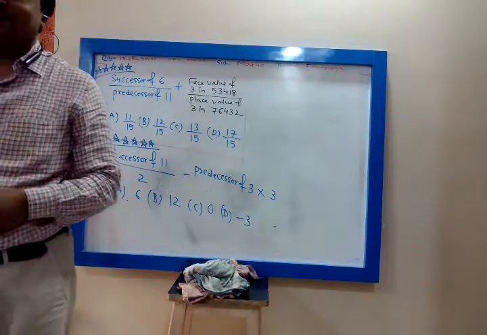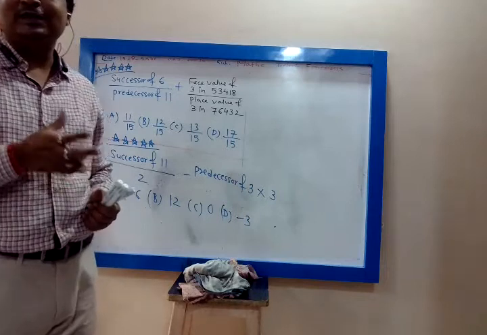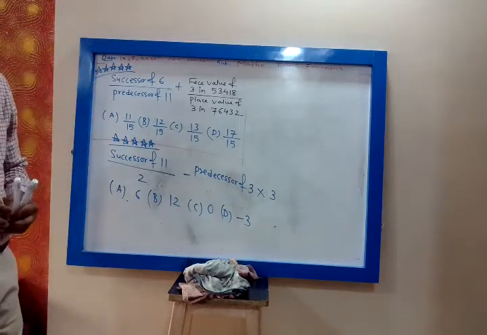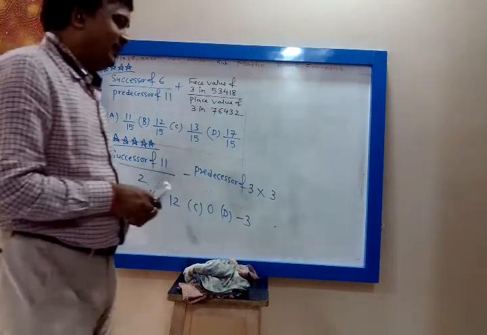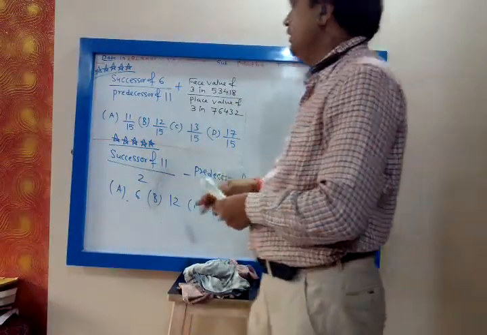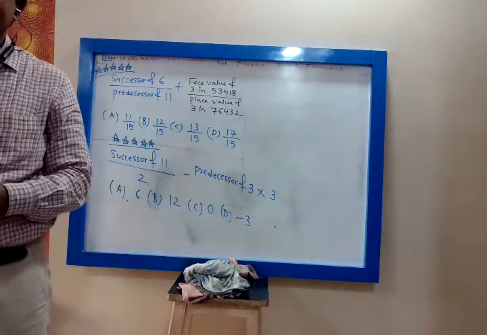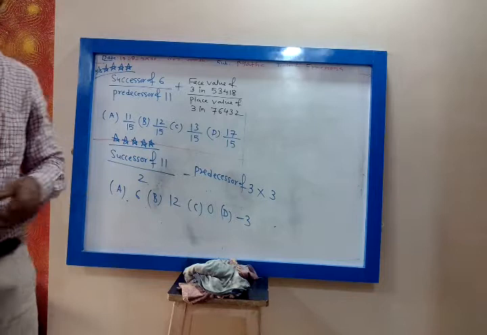What is your name? Pavitra. 0 is the answer for the second. Wait, let us see. There is no harm. Let us discuss. Majority are telling yes. Send me the answer in the chat box. Let me read the names. First answer.